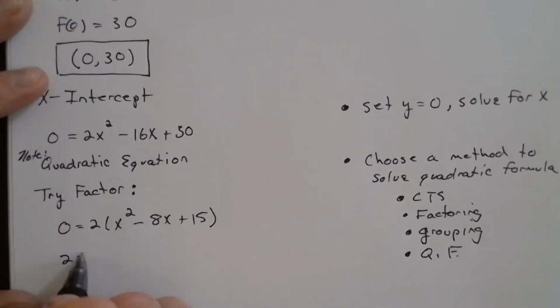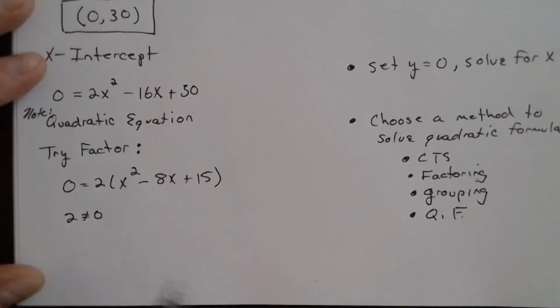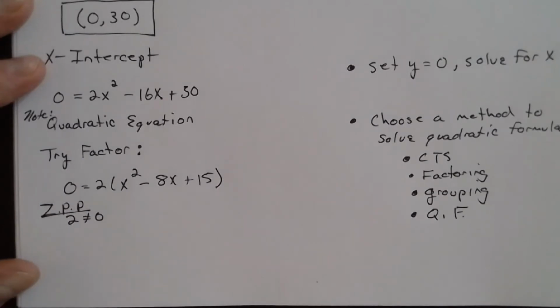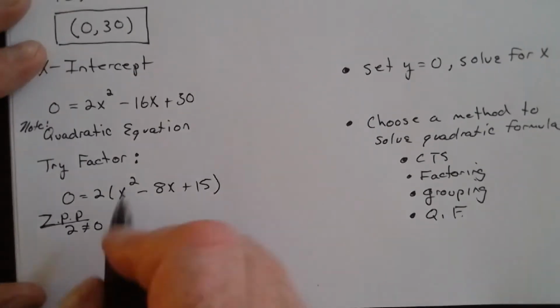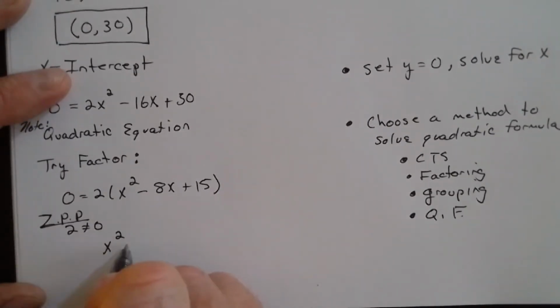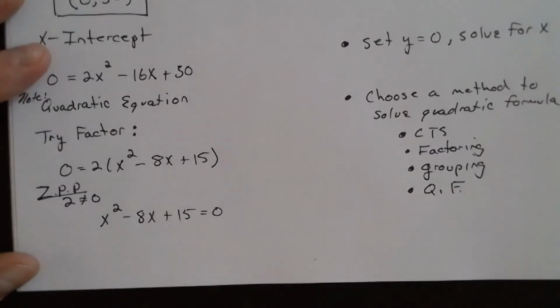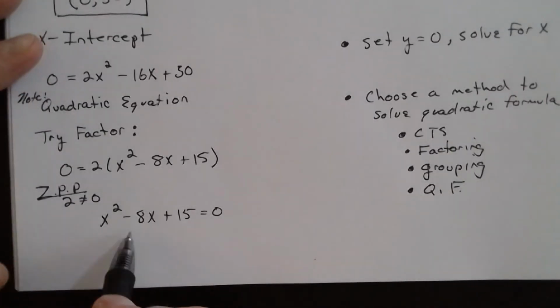So 2 is not equal to 0. The zero product principle, right? The zero product principle. Since 2 is not 0, we set the rest equal to 0. And what will be our numbers?